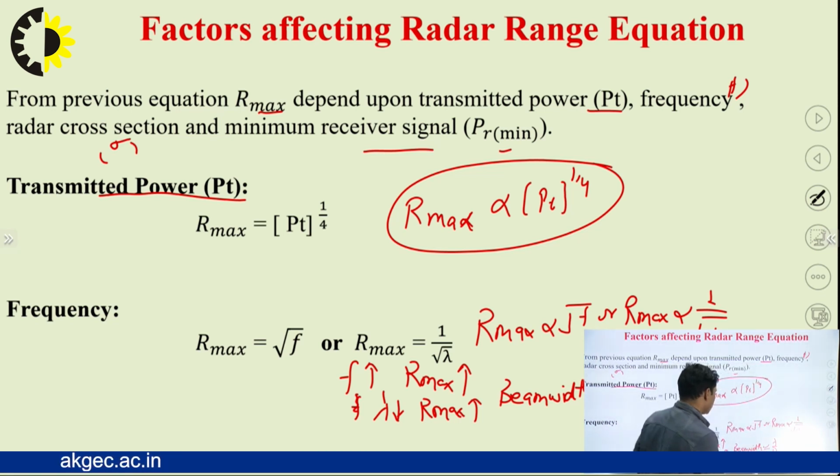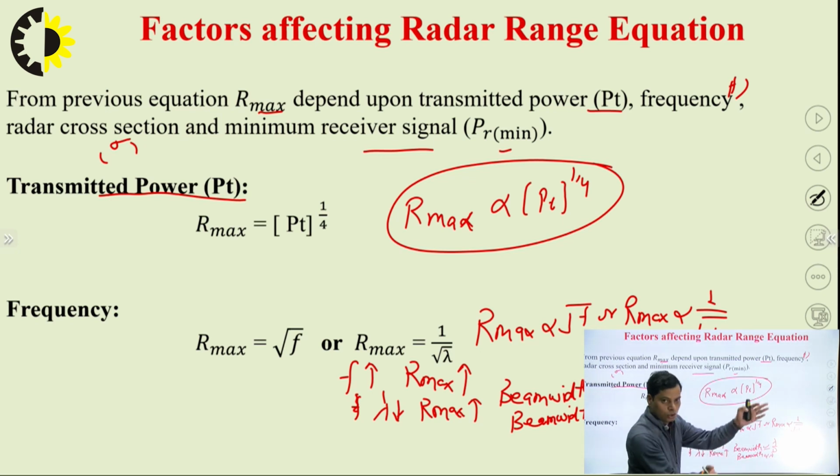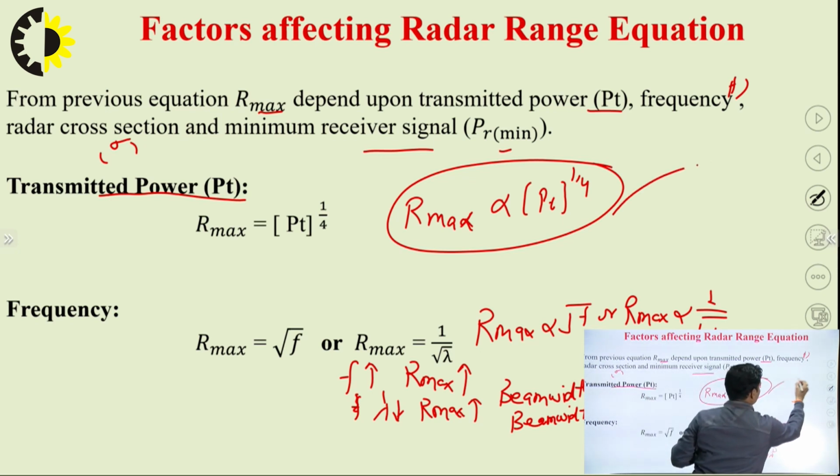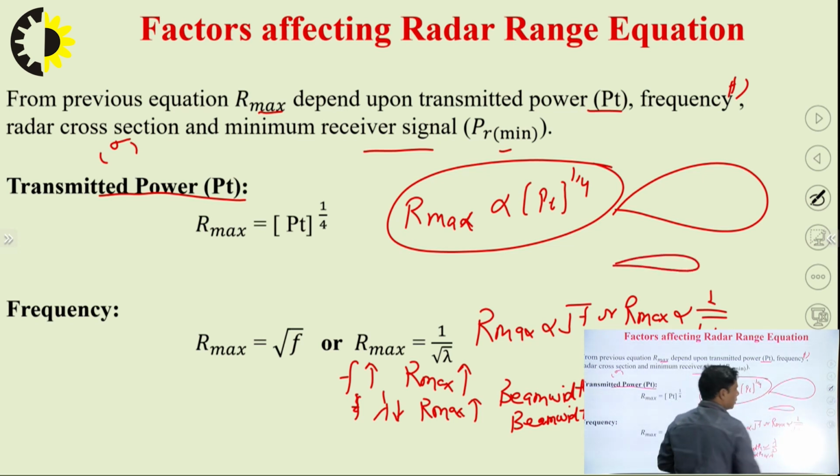So beam width is proportional to the value of lambda. That means if lambda is decreasing, beam width will also decrease. Let's say we are using this type of pattern, this beam width. But if frequency increases, this beam width will decrease, like this.